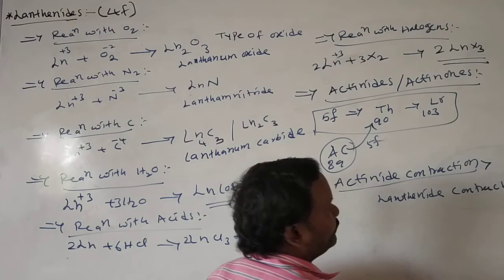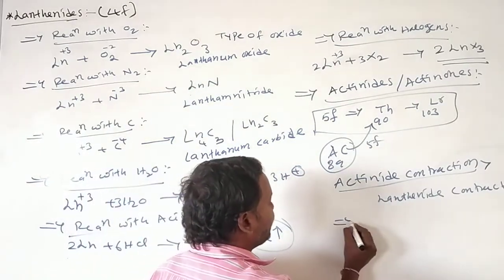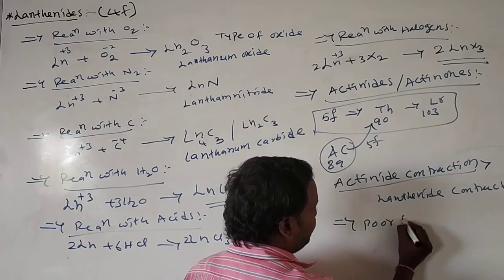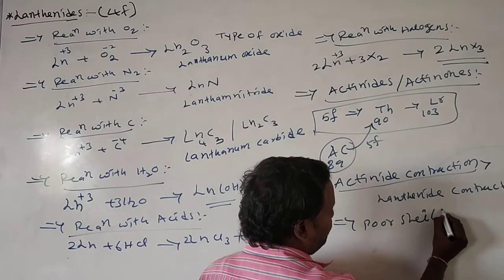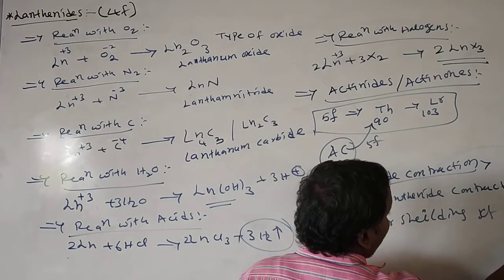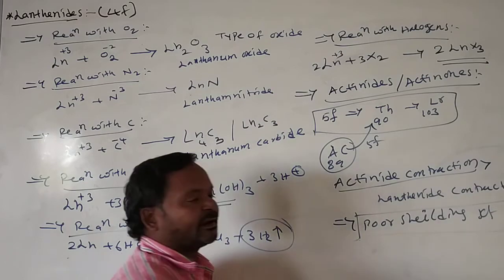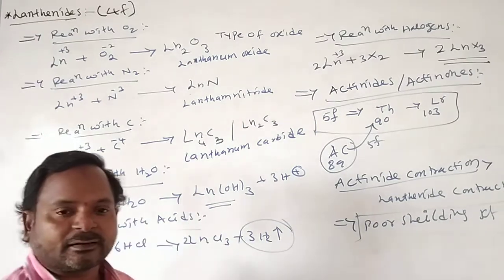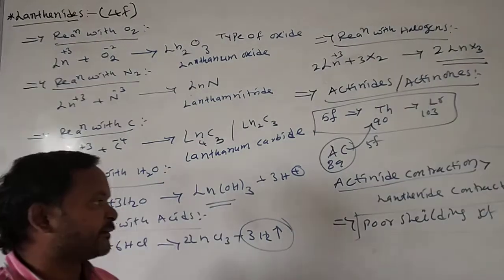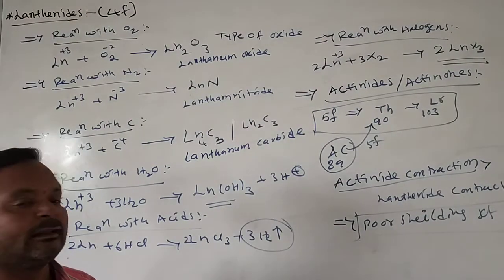Actinide contraction is more than the lanthanide contraction due to poor shielding of 5f electrons.